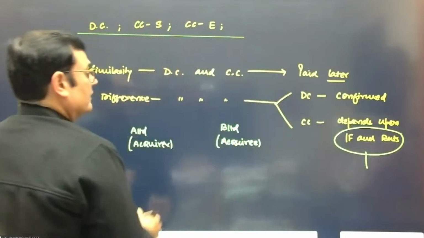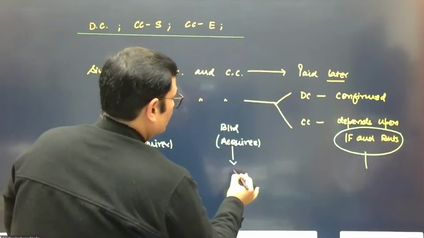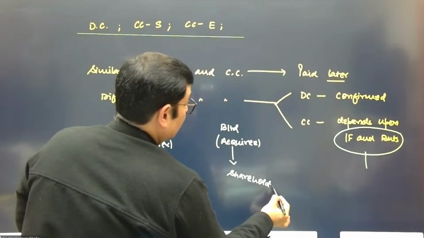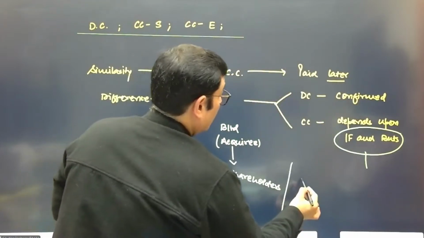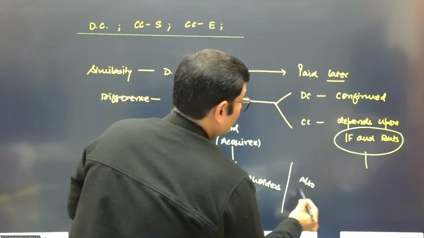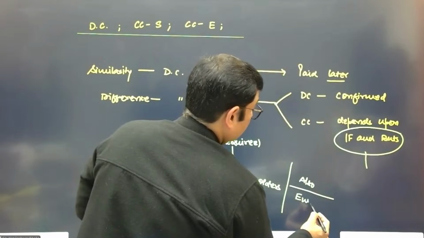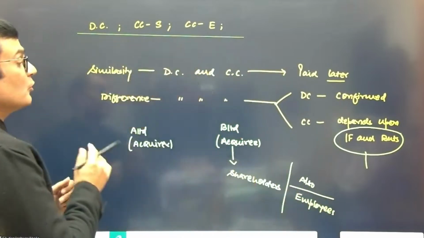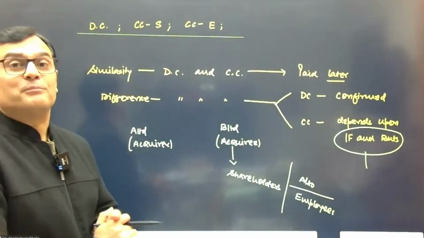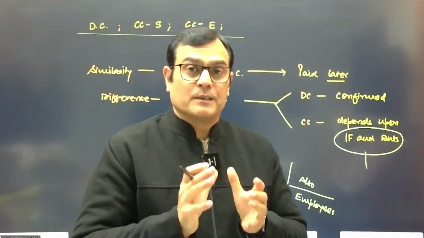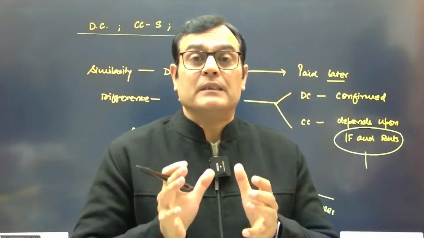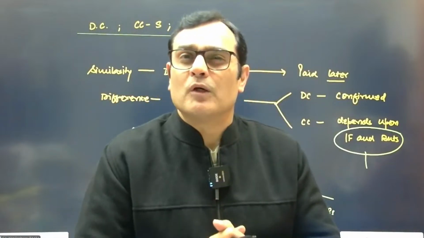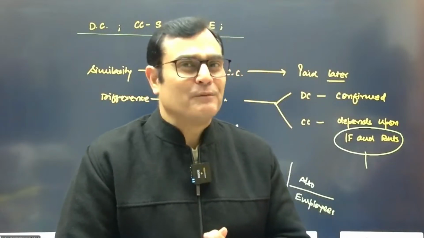In this particular case, we've got the shareholders of B, and some of the shareholders are also employees of B. So there is a particular shareholder of company B who is also an employee of company B. He's an employee cum shareholder of the company.